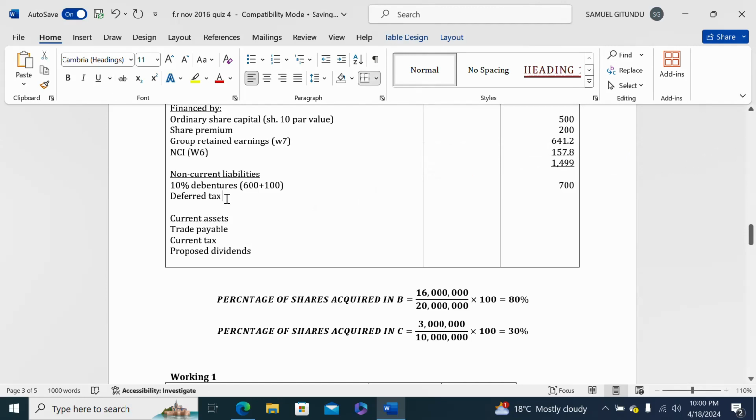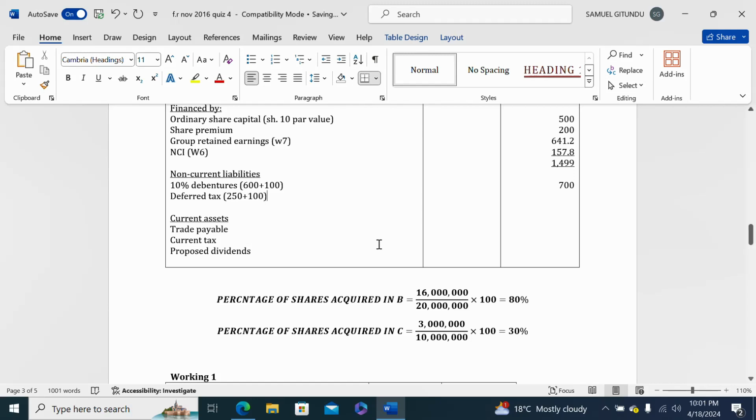Then you go to the deferred tax. For A limited it is 250, and for B limited it is 100.